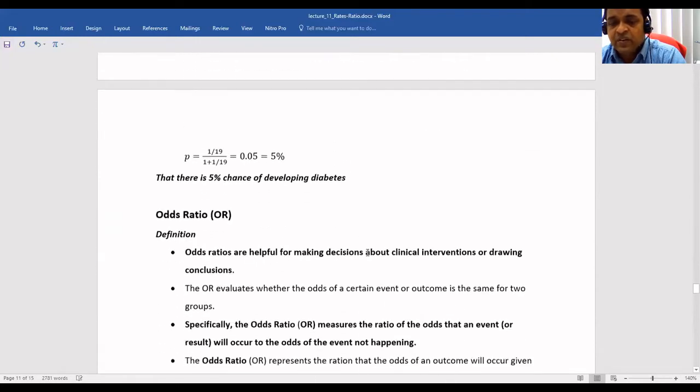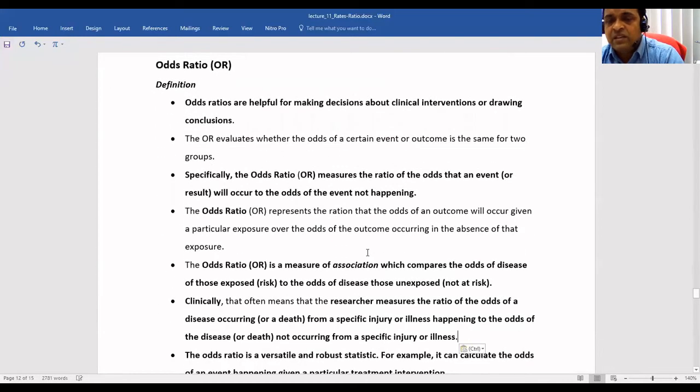Okay. Now there is another important measure called the odds ratio, which is widely used in biostatistics and epidemiology. Odds ratios are very helpful for making decisions in clinical interventions or drawing conclusions. We'll do some examples.